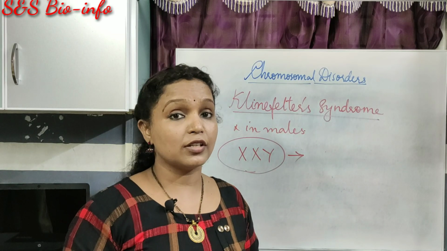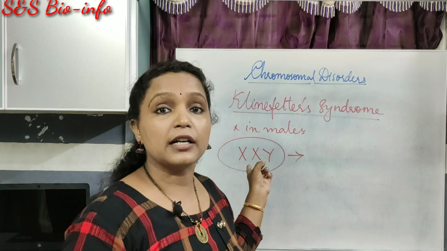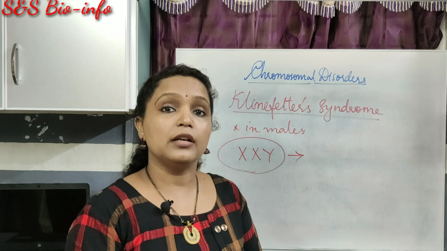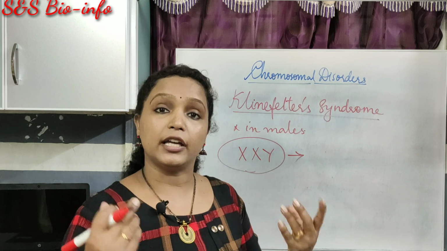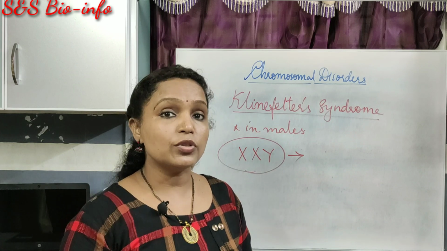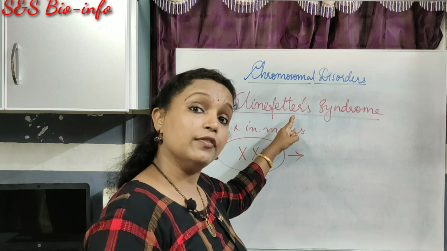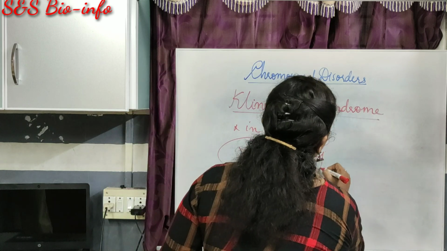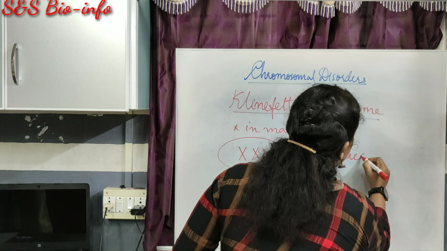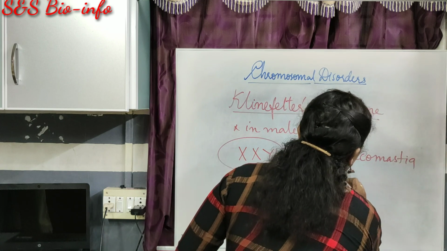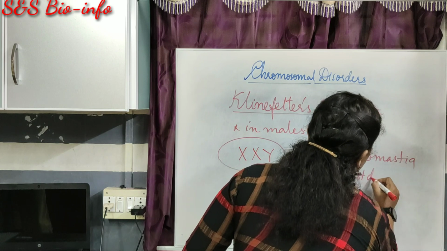Overall masculine features, at the same time the person may have feminine characteristic features. For example, breast development or gynecomastia is the most common characteristic feature of the patient with Klinefelter syndrome. What is gynecomastia? Breast development.